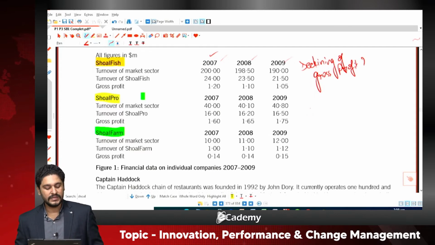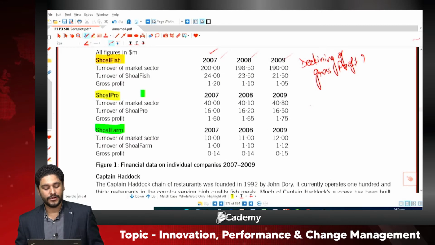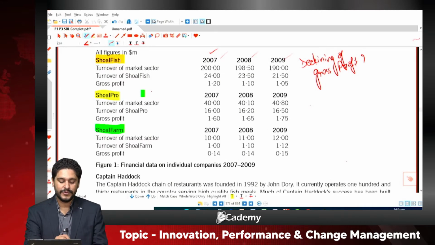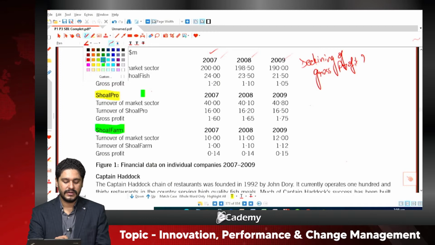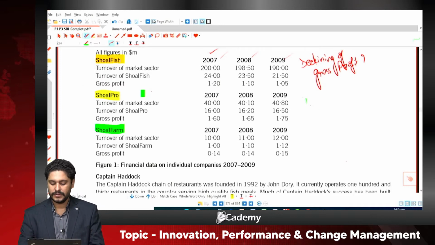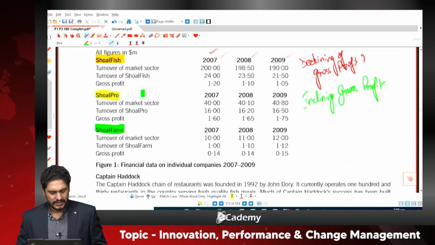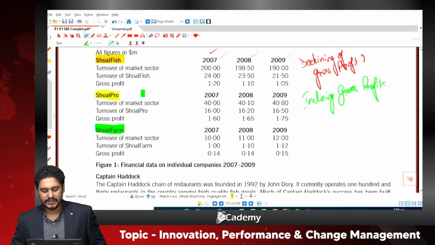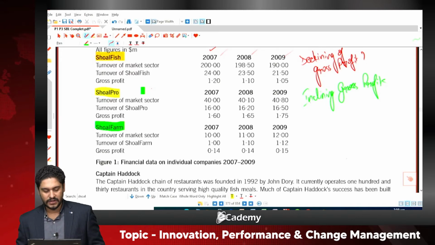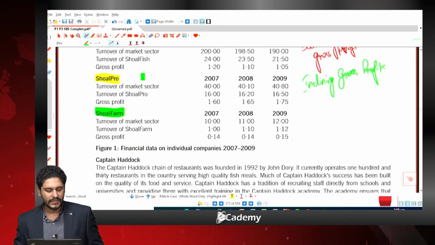Now if we move towards Shoal Pro, the gross profit is in an inclining position. Turnover of the market sector is 40, 40 and 40 once again. Turnover of Shoal Pro is increasing, and obviously their gross profit is also increasing.